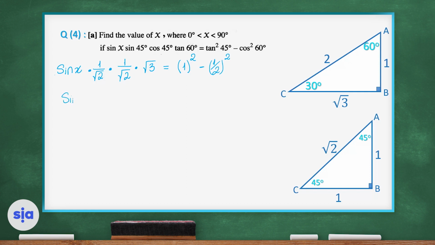So sine x multiplied by root 3 over 2 is equal to 1 minus 1 over 4.